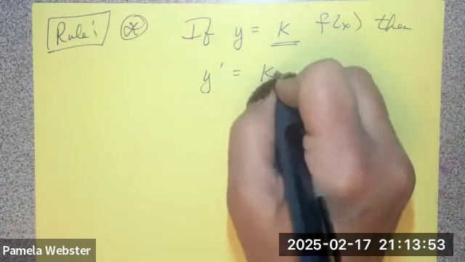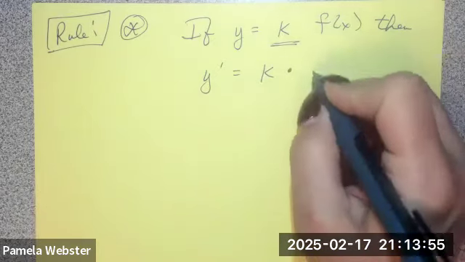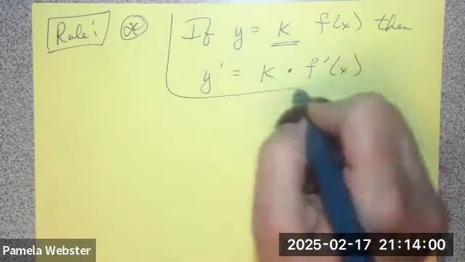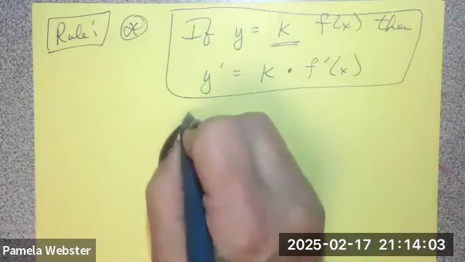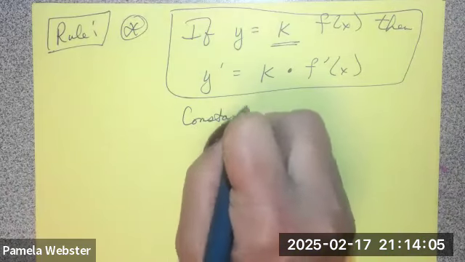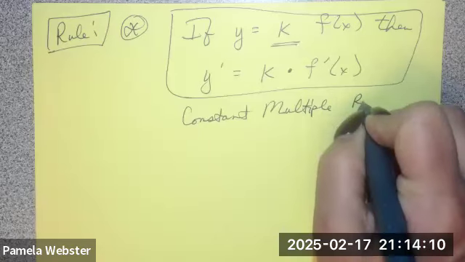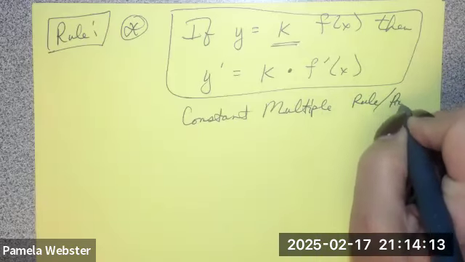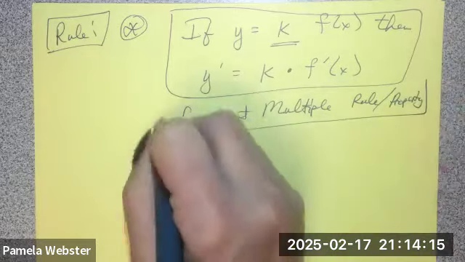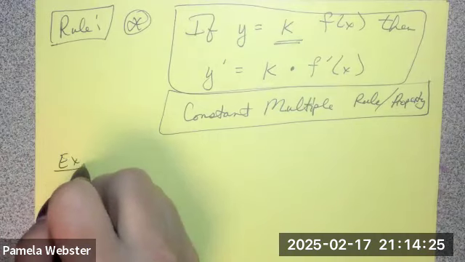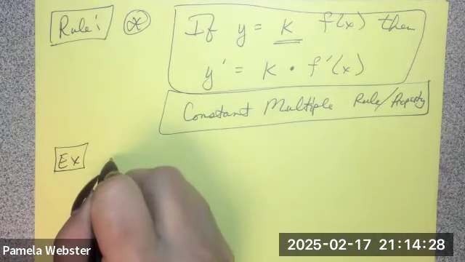Y prime equals multiply that k out in front and then find the derivative of your function, which is exactly what we did earlier. This is called the constant multiple rule or property. And it just means, hey, we're going to take these derivatives exactly like we've been taking these derivatives, but if we have a multiple out there, a constant number, we're just going to multiply it.